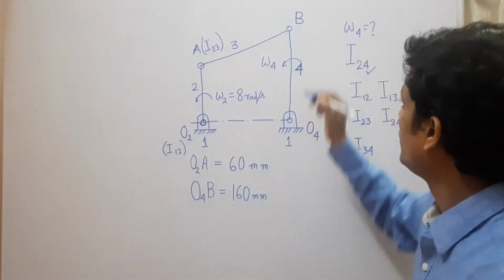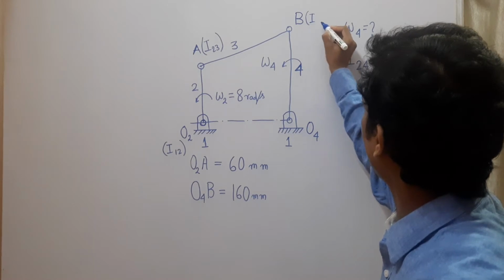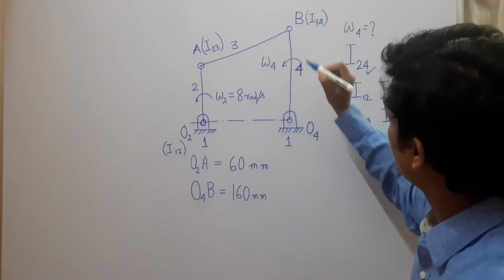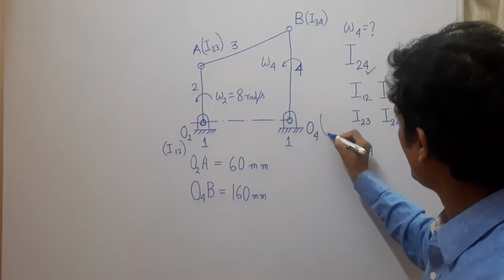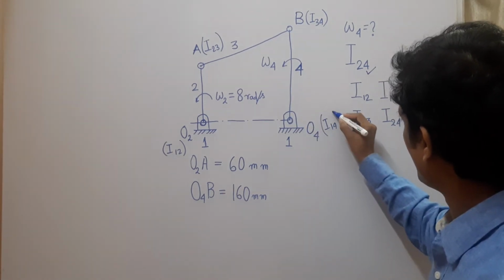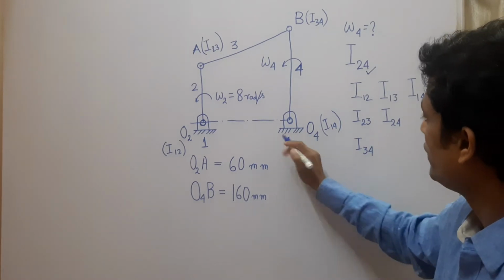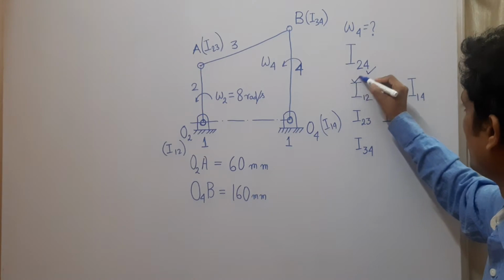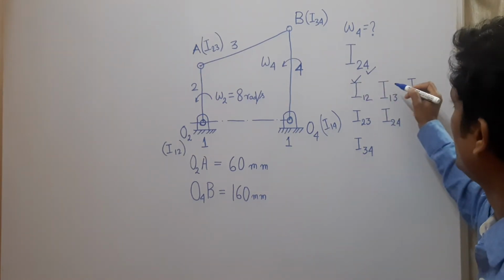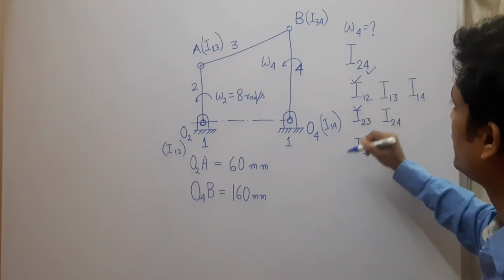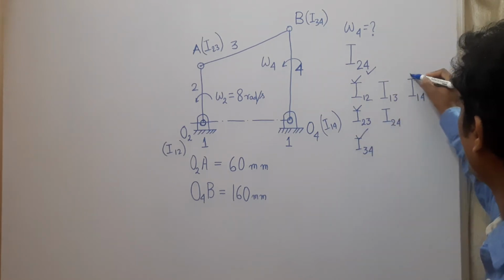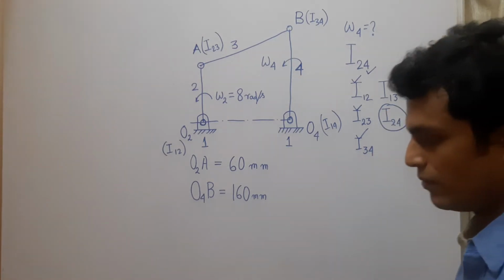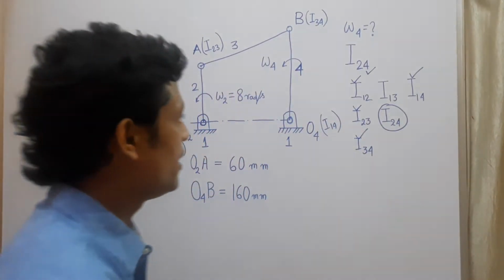B is I34, because it joins link number 3 and 4, and O4 is I14, because it joins link number 1 and 4. So we have determined I12, I23, I34 and I14. Our objective is to determine I24.